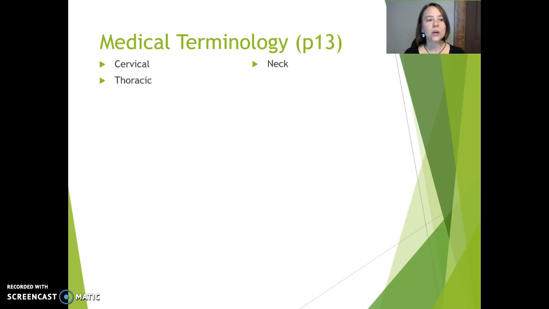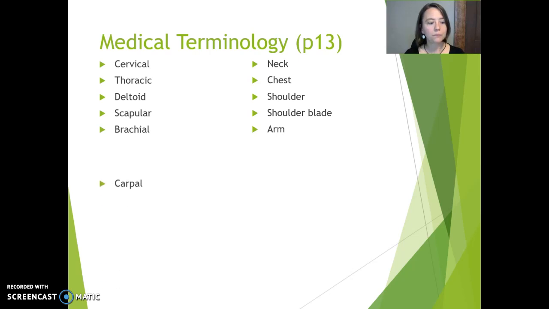Then there is the thoracic, which is for the chest region. Deltoid, which is for the shoulder. Scapular, which is the shoulder blade. Brachial, which is the arm. Carpal, which is the wrist. Umbilical, which is the navel.